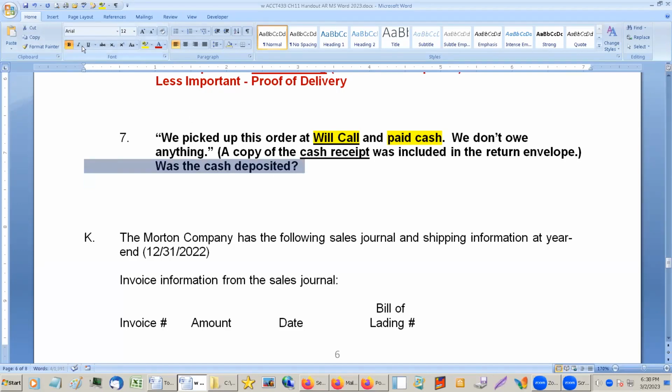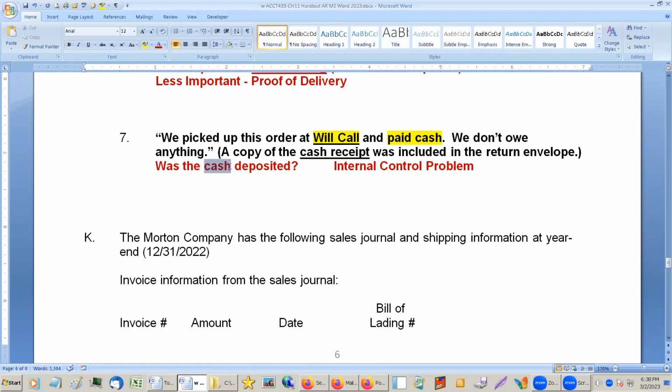Notice that this was not something that was detected by the client. They may have a problem with cash collections at the will call. So this could also be an internal control problem that the client may not even have known about.